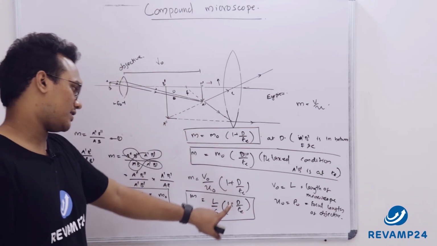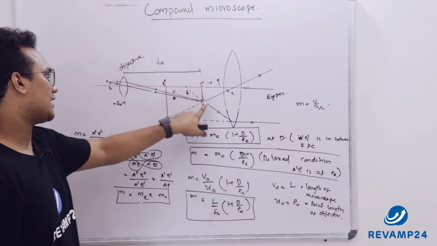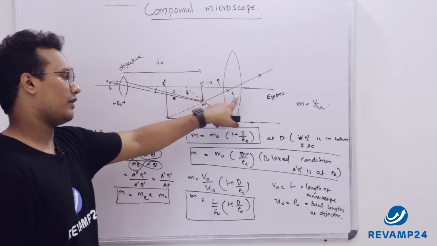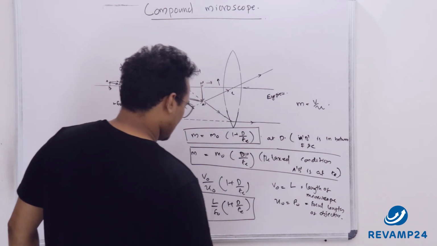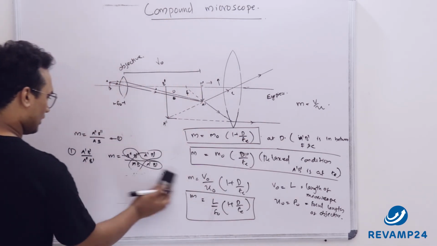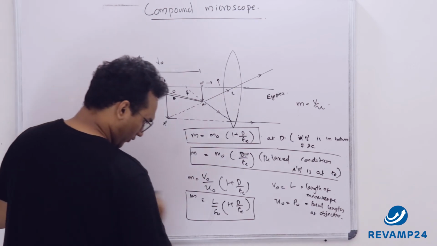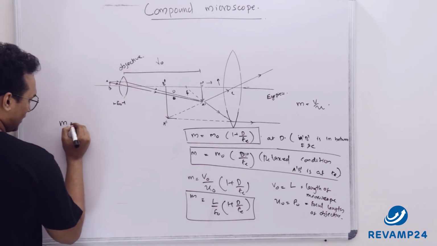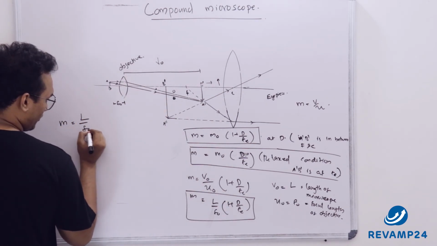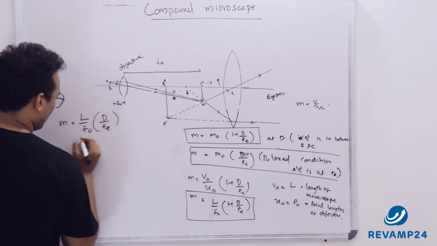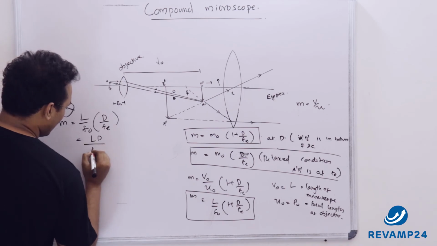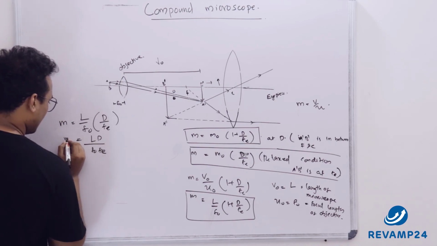This is one condition. In this condition, A dash B dash should be in between F and C. If it is at F, then that is for the relaxed condition. What would be the equation for the relaxed condition? Instead of 1 plus D by Fe, M is equal to L by FO into D by Fe, or I can say LD divided by FO FE.